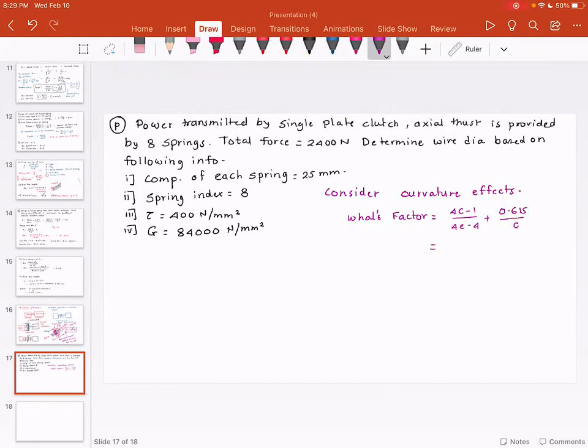And once you substitute the value of c as 8, the Wahl's factor is 1.18.